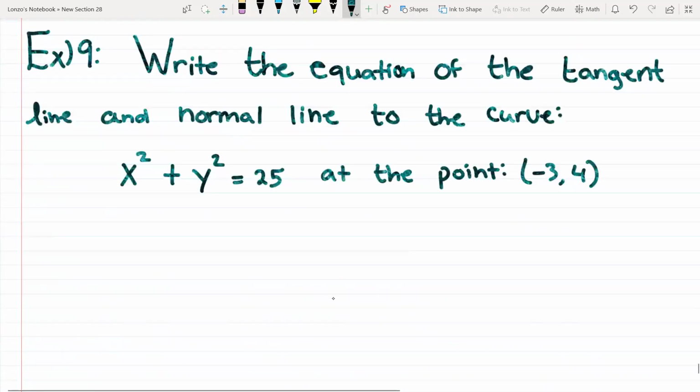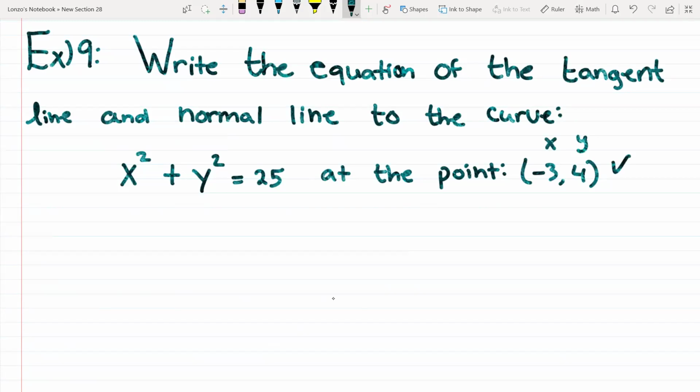Number 9 says, write the equation of the tangent line and normal line to the curve x squared plus y squared equals 25 at the point -3, 4. So the first step is to check if I actually have an xy coordinate. Yes, I have a -3 as my x and a 4 as my y, so good.